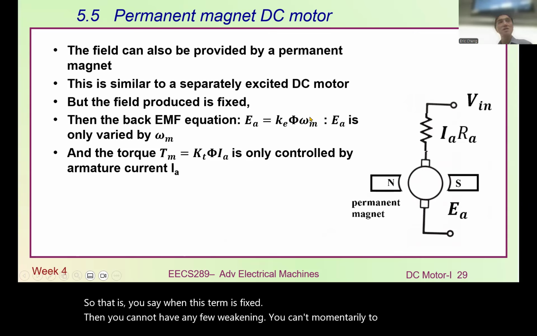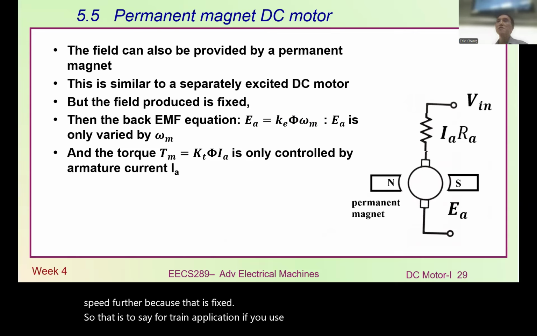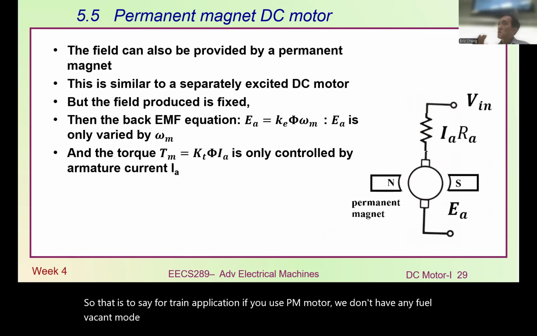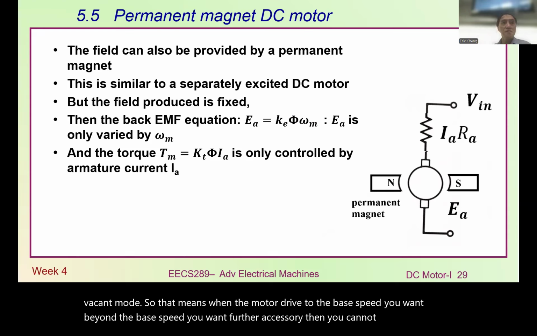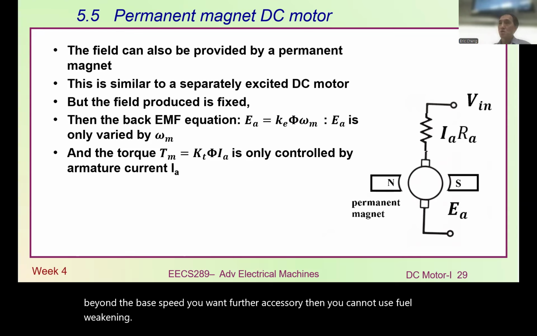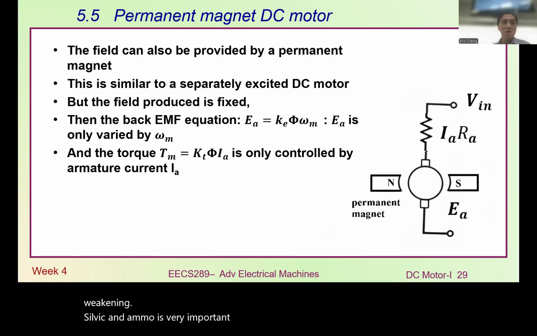So for train applications, if you use a PM motor, we don't have any field weakening mode. When the motor drives to the base speed and you want to accelerate further beyond it, you cannot use field weakening. Field weakening mode is very important for many motor drives.